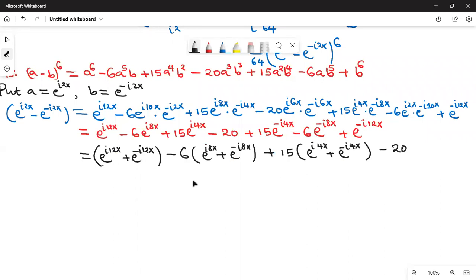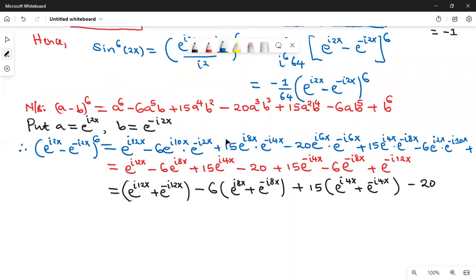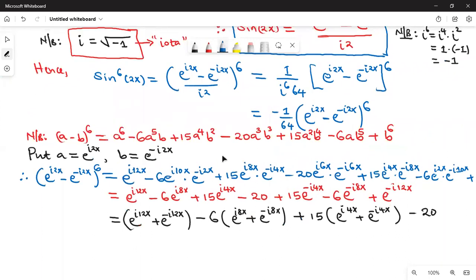So that is the expansion, of course this was raised to 6. So now we have expanded that binomial, and we have found the result as exponential i12x plus exponential negative i12x minus 6 exponential i8x plus exponential negative i8x plus 15 exponential i4x plus exponential negative i4x, then minus 20.